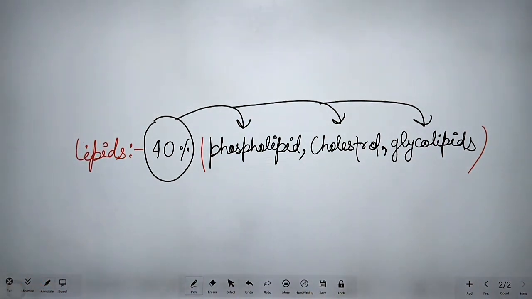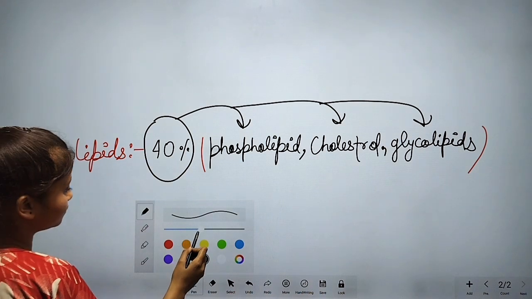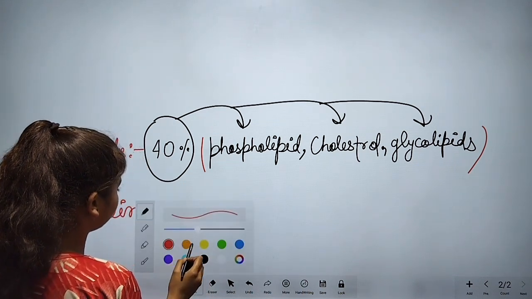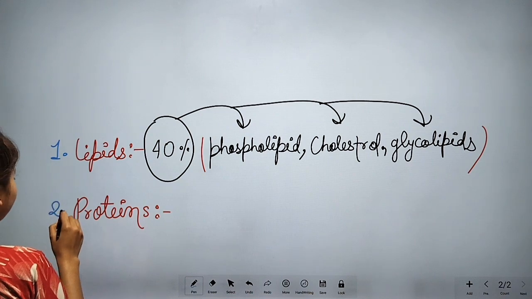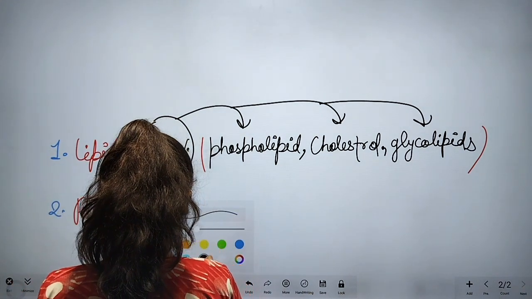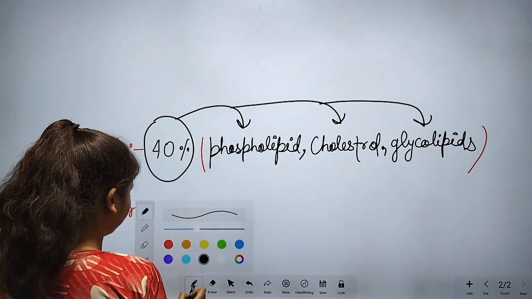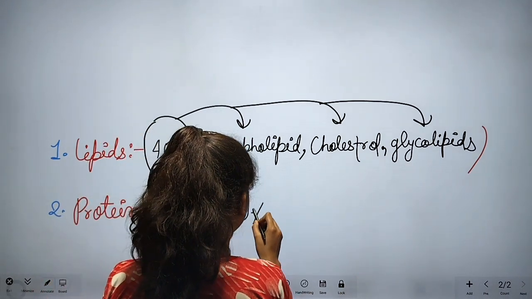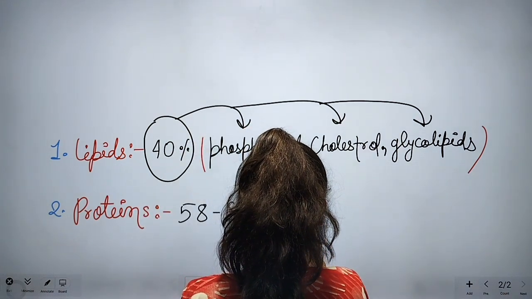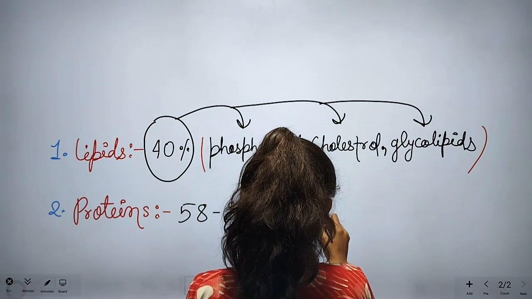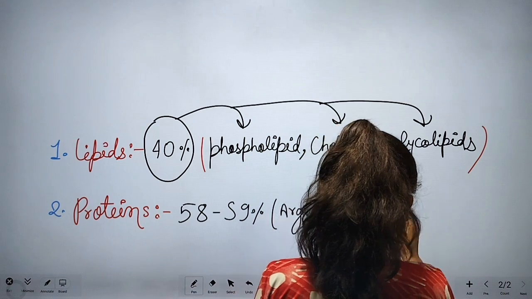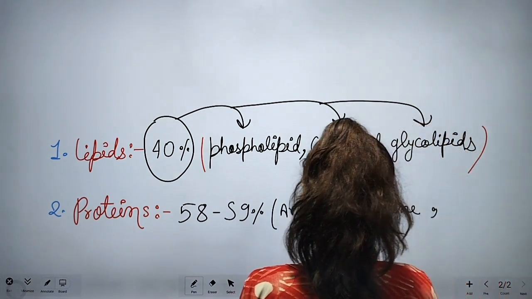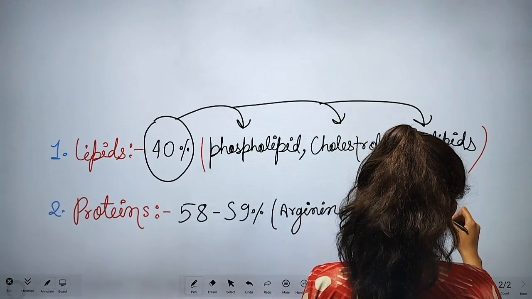Okay, and the next thing is protein. Protein is 58 to 59%, that is arginine and lysine, rich in lysine.